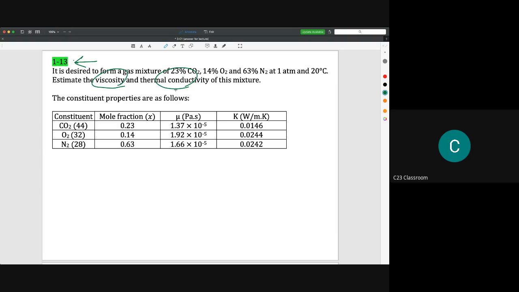For example, if you have oil A plus oil B plus oil C, the viscosity and thermal conductivity of that mixture is not critical, because it can be easily measured. The reason is simple: the liquid does not evaporate. You can put a liquid in a beaker and measure it, and your problem is solved.